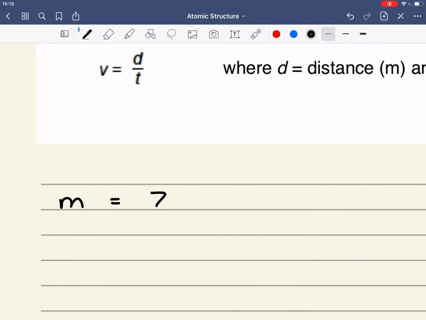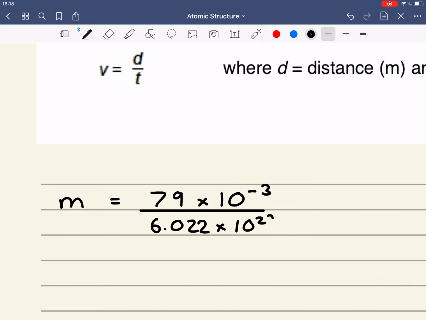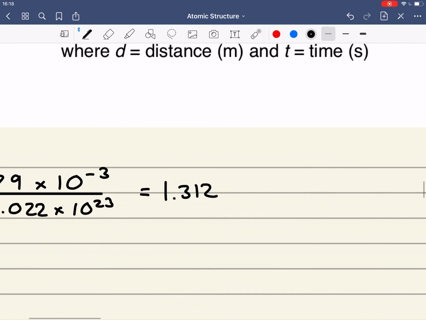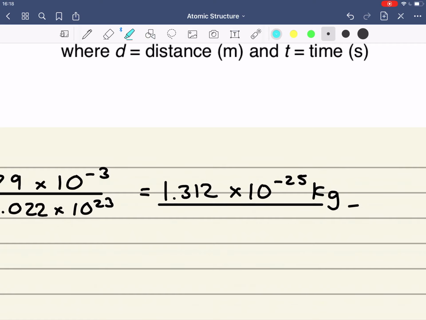We firstly convert the grams value into kilograms by timesing it by 10 to the minus 3. Then we divide that by Avogadro's constant to work out the mass of one individual ion. That should give me 1.312 times 10 to the minus 25 kilograms. So that's the first bit of the question done, which should be relatively straightforward.